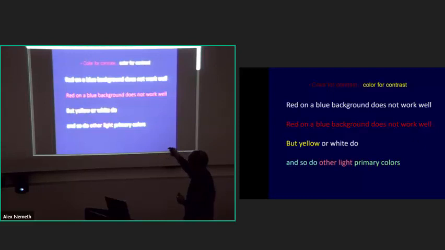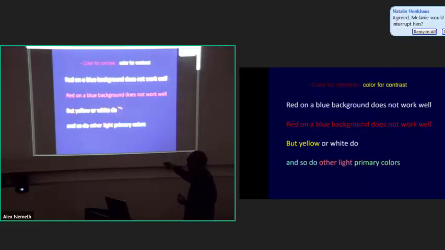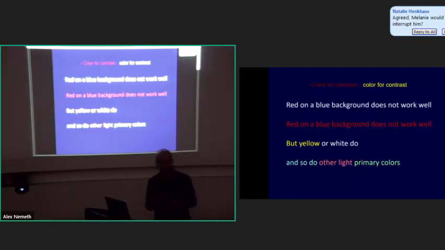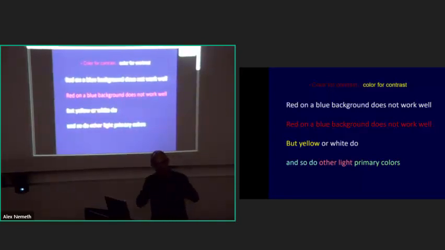So choose your color for contrast. Red, as you can see, doesn't actually work very well on a dark blue background. You can read this at the back of a room in white much more effectively than you can in red. But yellow and white do, and all sorts of other light, bright, primary colors. Pastels work very well on this dark background.